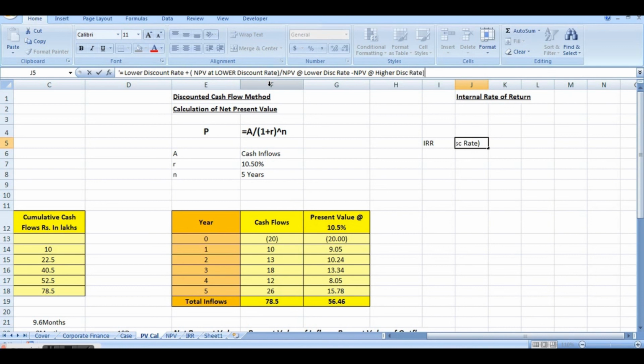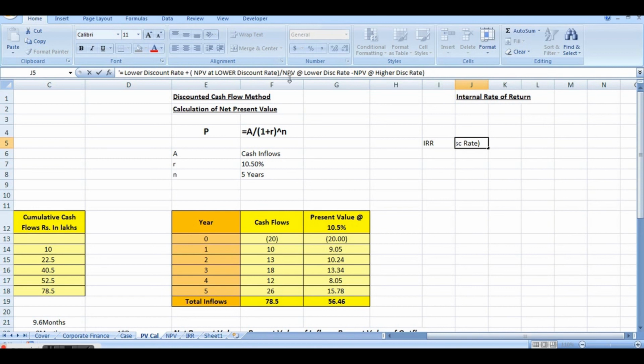Now you don't have to consider the signs of these values here. And second thing, the lower the discount rate, the higher will be the NPV. The higher the discount rate, the lower will be the NPV. Just now we have seen one demo of it.